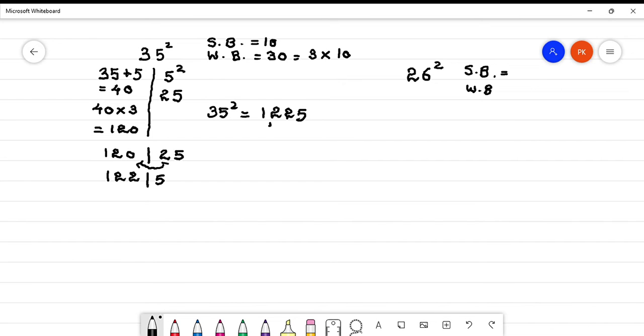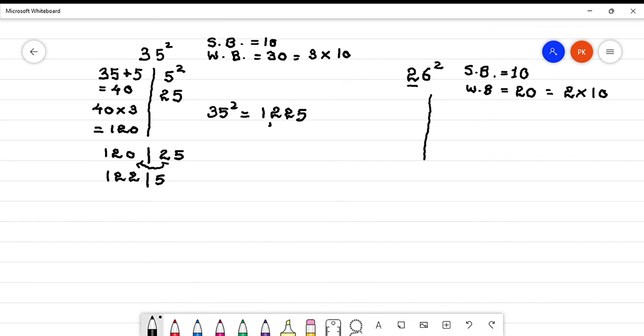Obviously, for the 2-digit numbers, the standard base will take it as 10, correct? Now tell me, what will be the working base? Here the tens place is 2. That means what should be the working base? 20. And 20 is how many times the standard base? 2 into 10. So again make a partition.